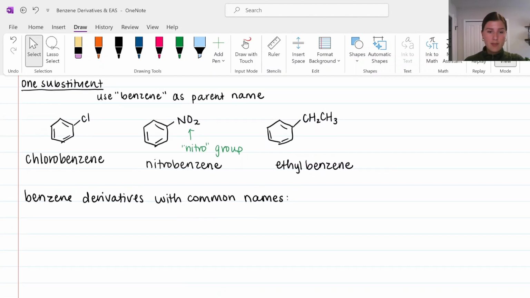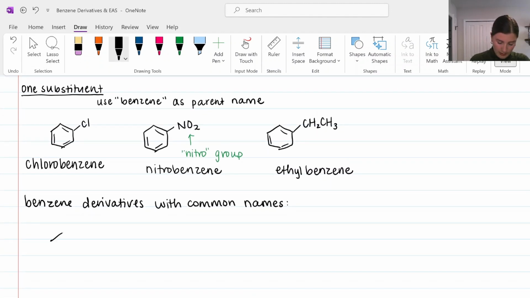These are benzene derivatives with one substituent. Here's an example for this first one. If we just have a methyl group as a substituent on benzene, the IUPAC name would be methylbenzene, but the common name is toluene.